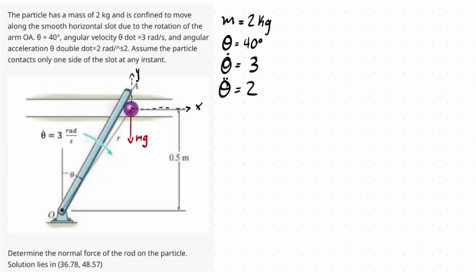And then we have 2 normal forces on this ball, because it's being held in the slot by this little bottom part, and is being pushed by the actual rod. So we have this normal force from the rod, coming out this way. Let's just call that N_R. And then we have a normal force coming up from the bottom of the slot, because it's being pushed down, and that'll be N_S, or N from the slot.